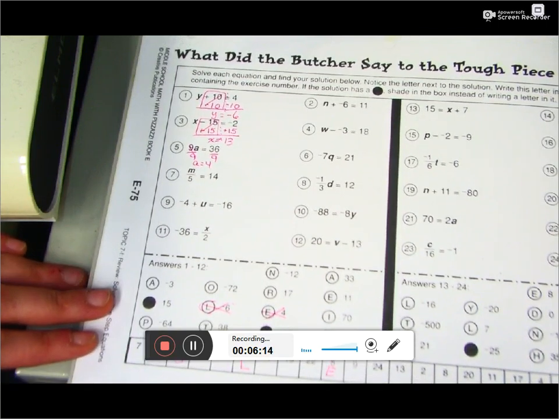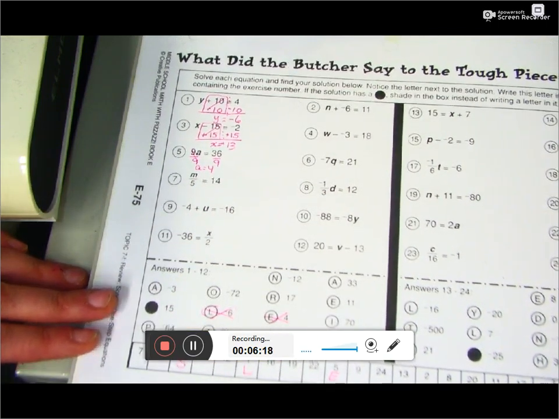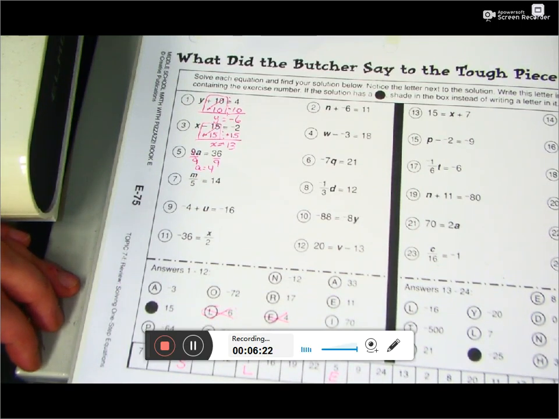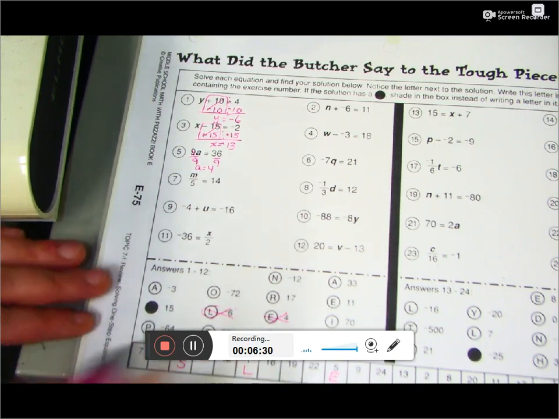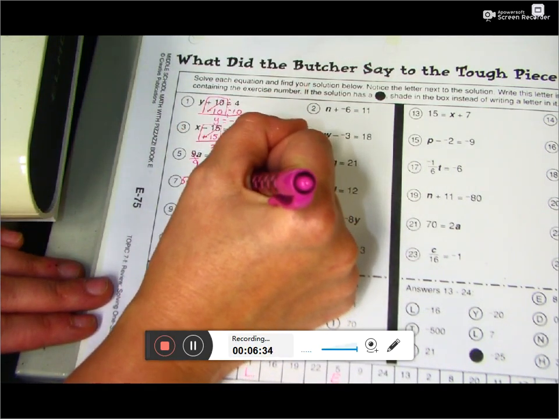And we're going to do number 7 together as well. Remember that a fraction bar is a division sign. So while that looks like m over 5 as a fraction, we can think of it as m divided by 5. The opposite of division is multiplication. So I'm going to multiply both sides by 5.